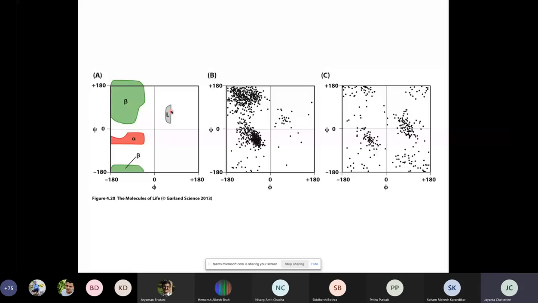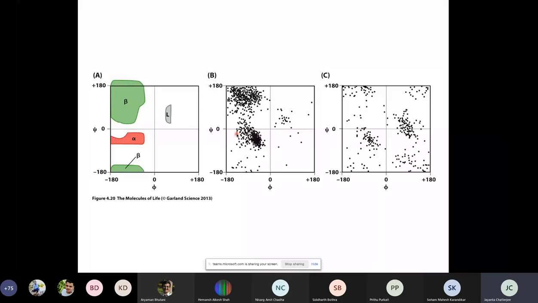Now this is a theoretical plot. Many people have taken the actual conformations of polypeptides, the peptide bonds in proteins, and it turns out that yes, proteins do occupy these regions predominantly.